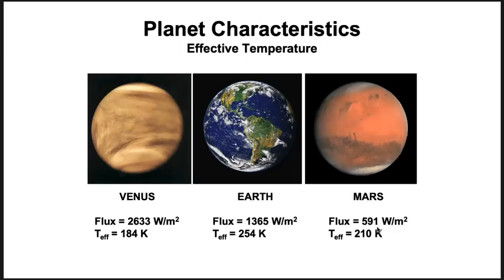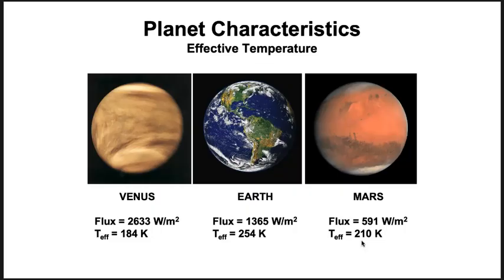The albedo of Mars is about the same as Earth, so that doesn't change much. But because the sunlight is less intense on Mars, the effective temperature says it should only be warmed up to 210 Kelvin.